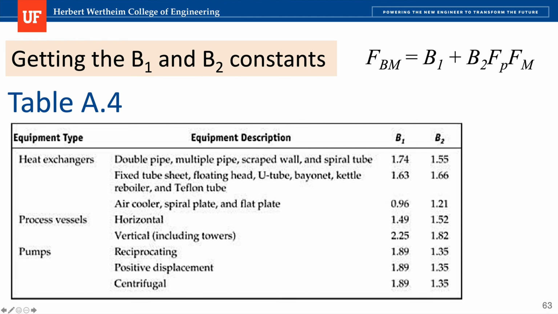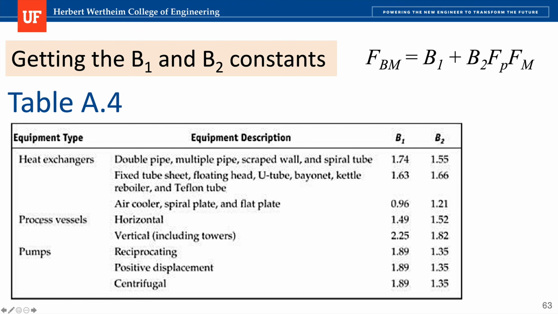I typically use the most conservative option, and the most conservative option is the most expensive one. If my estimate is a little bit over for at least one equipment, it is better than if I underestimated and then don't include everything in my analysis. So you have to make decisions based on the information that you have.